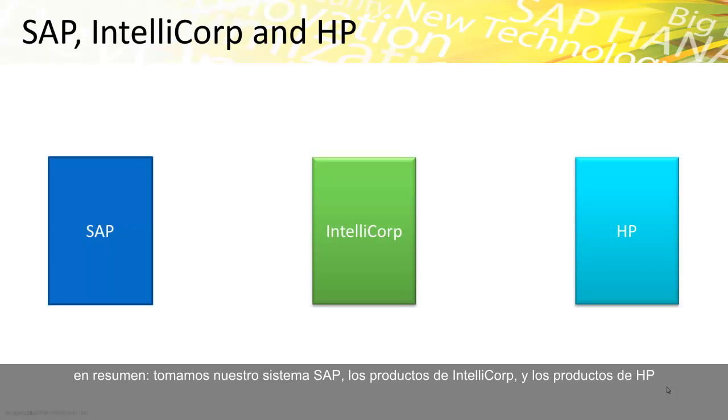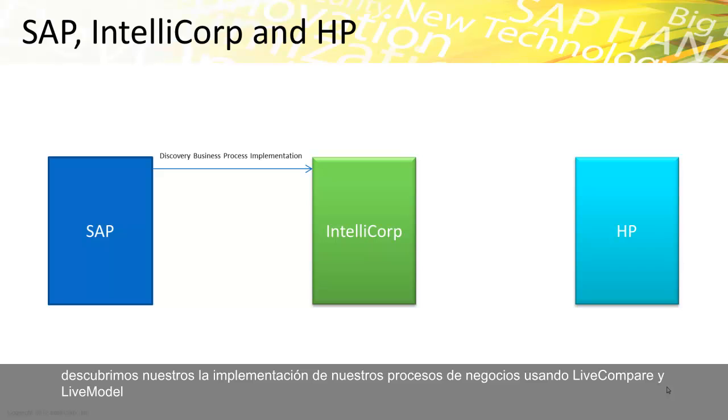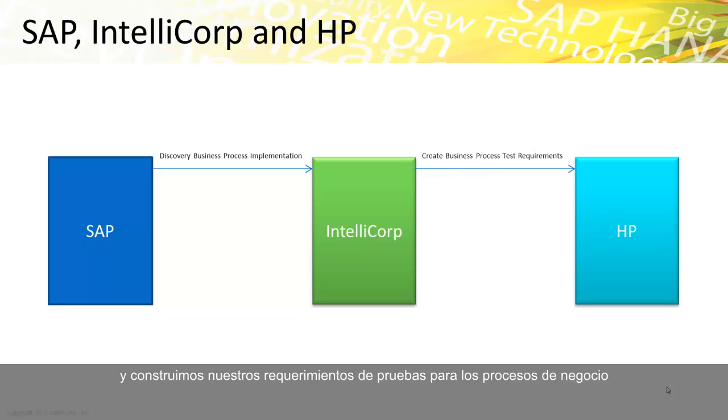So in summary, we've taken our SAP IntelliCorp products and those from HP and weaved an integrated story. We've discovered our business process implementation using Live Compare and Live Model. We've created our business process walkthroughs, and we've constructed our business process test requirements and business process test scenarios inside of HP.